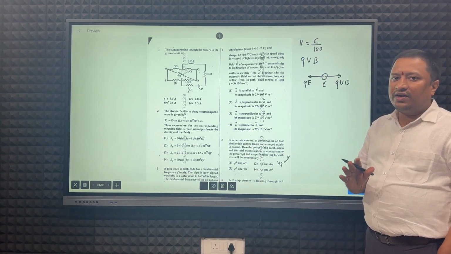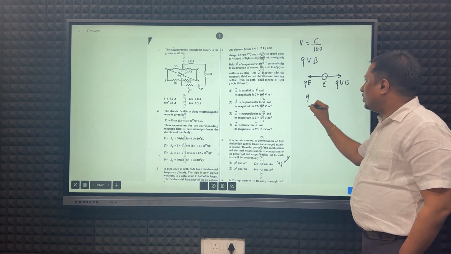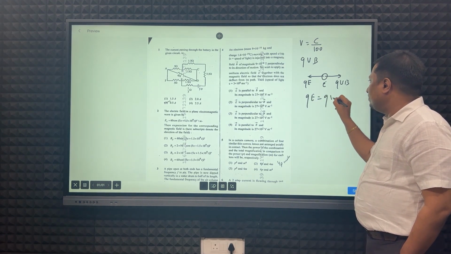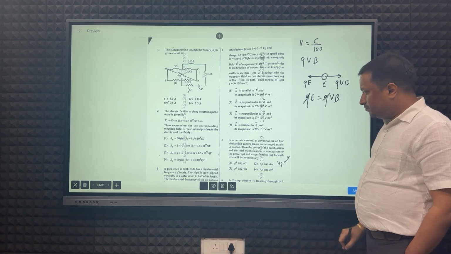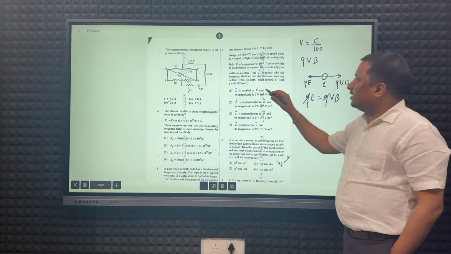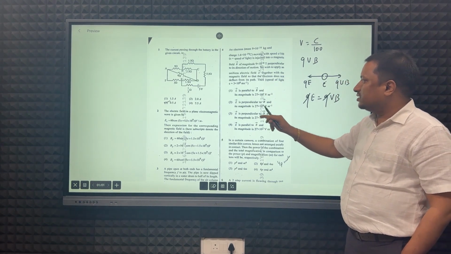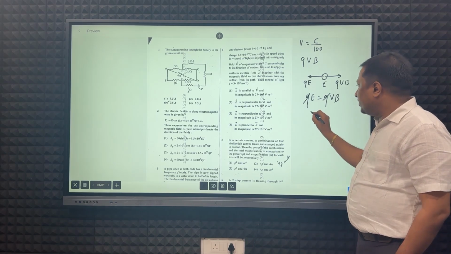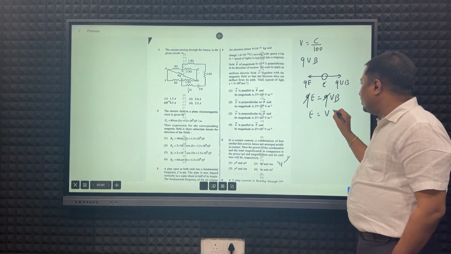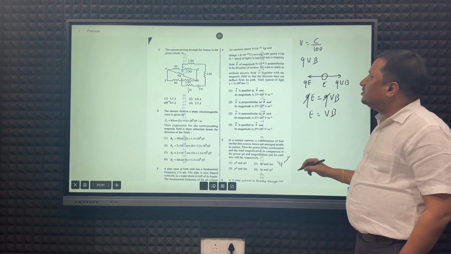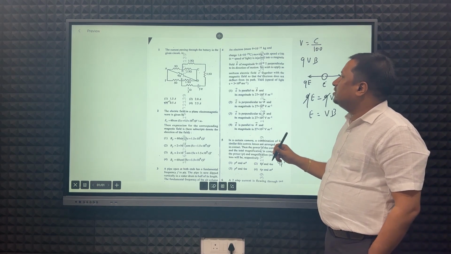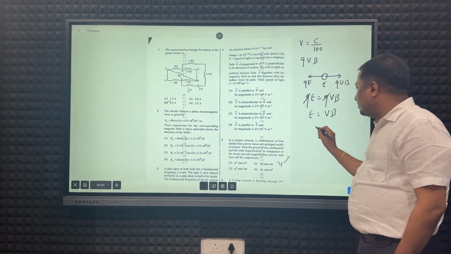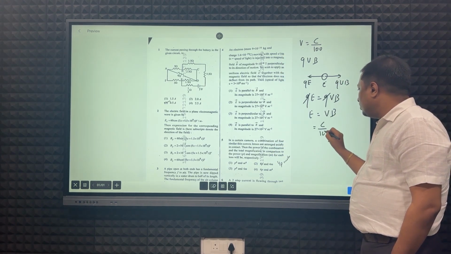Then only it will not deflect. Net force will become equal to 0. What can I write? QE equals QVB. Q cancels. They are asking us what will be the electric field. If I have to calculate the electric field, it will be V into B. What is the velocity with which it is traveling? It is c by 100.